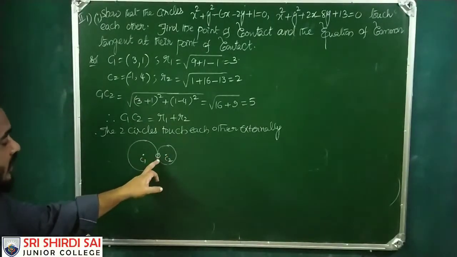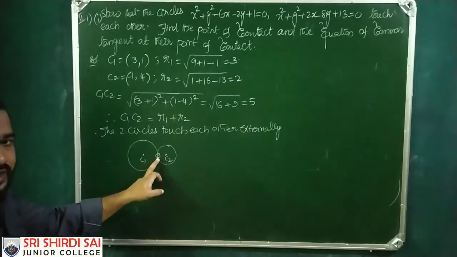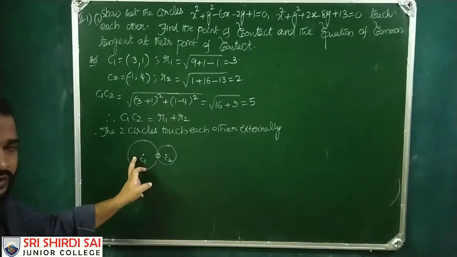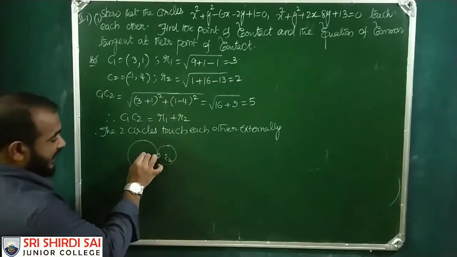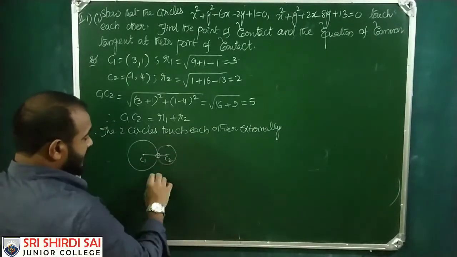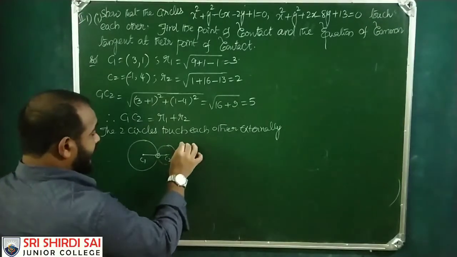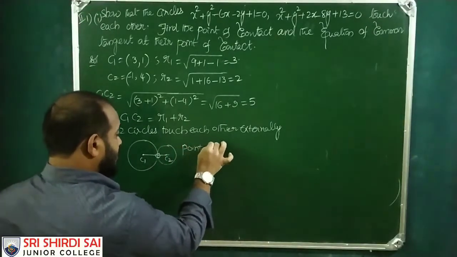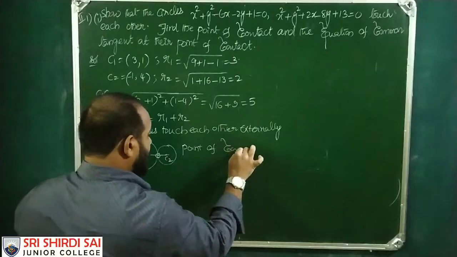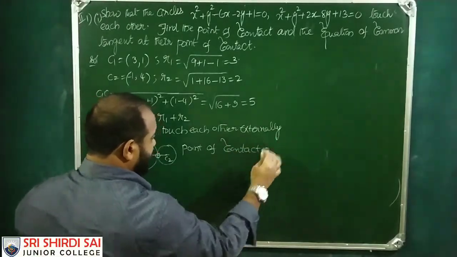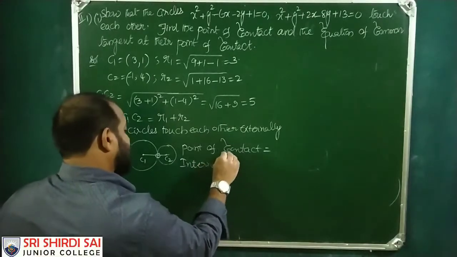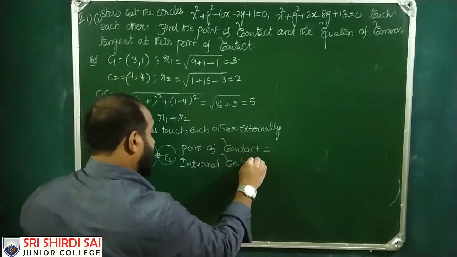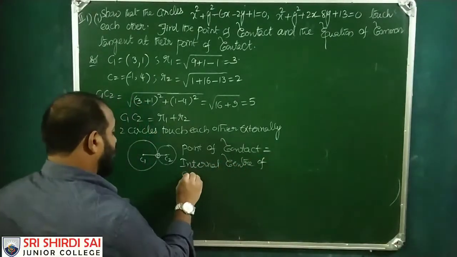So this point lies on the line joining the centers of the two circles C1C2. That means the point of contact is equal to the internal center of similitude.